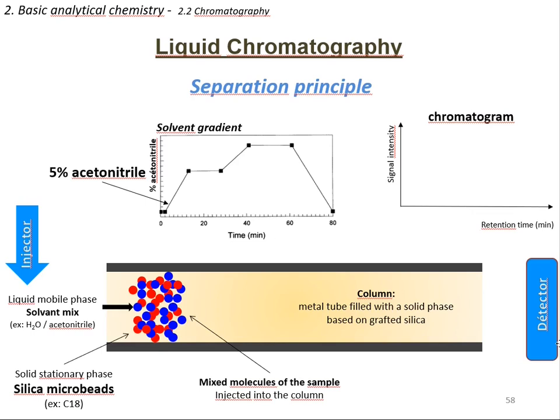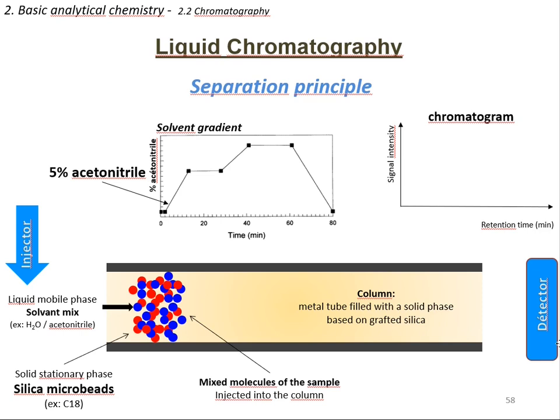So how does it work really, this column filled with stationary phase? So you have this metal tube, and inside, in orange, I represented the stationary phase. On the left, the injector. The sample is introduced into the circuit, which is flowed with a liquid of mobile phase.